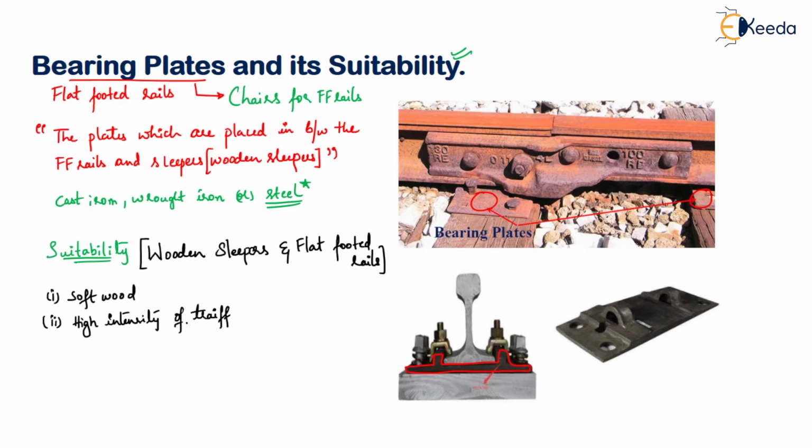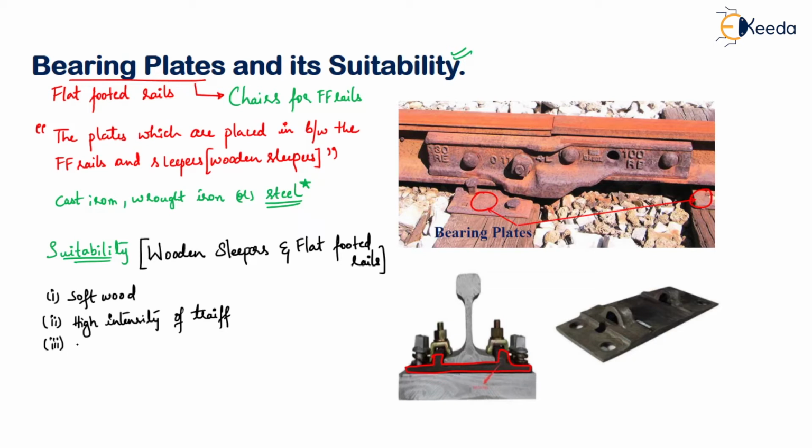Higher amount of loads will come onto the railway track. There you have to compulsorily use your bearing plates, or else your flat-footed rail will compress into your wooden sleepers. That's the reason we have to use it in high intensity traffic places.